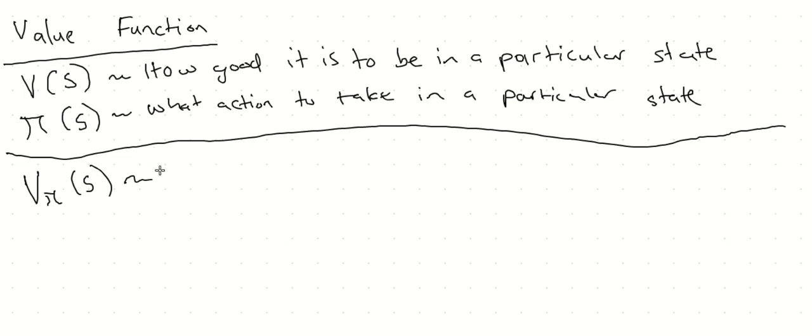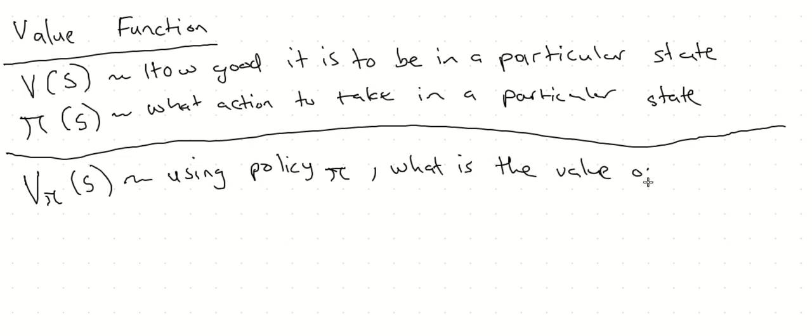Well, v pi of s is essentially saying, using policy pi, right? Using this policy, what is the value of state s, right?